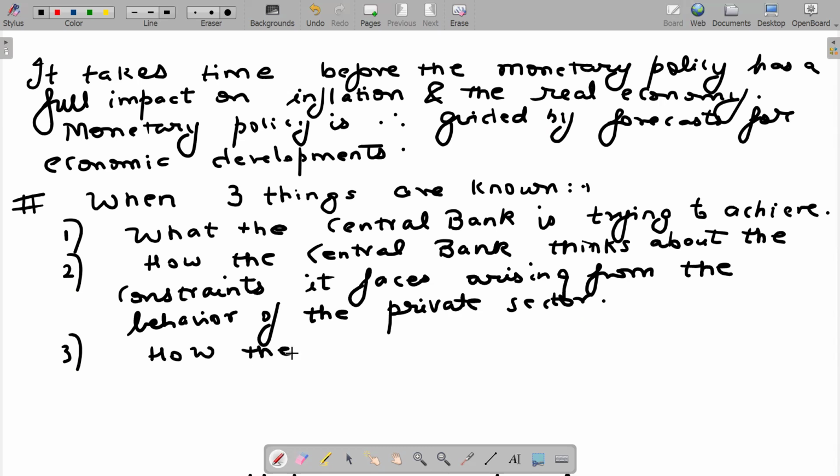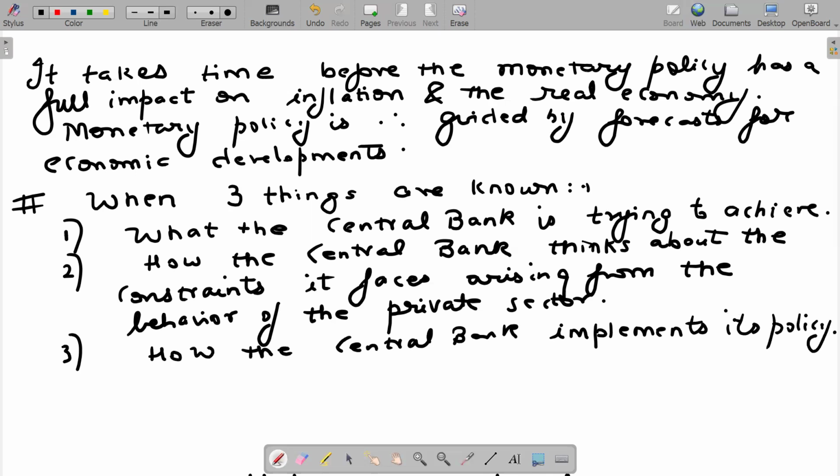the central bank implements its policy. So what is going to be the design of the monetary policy? How will it be implemented? So first thing, the central bank decides what it is trying to achieve, the objective. Is the central bank targeting inflation or output or employment?